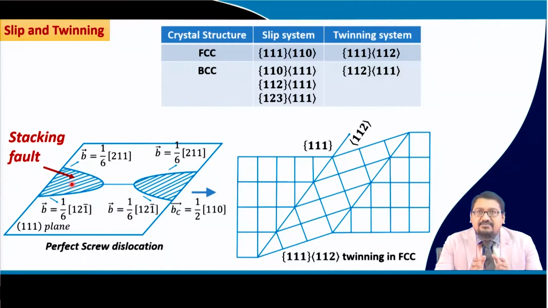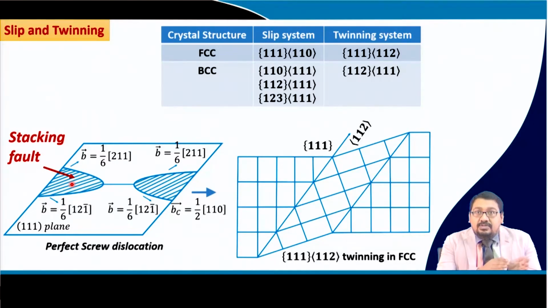So, during the deformation of a high stacking fault energy material, because the partials are closer, it is easier for the partials to come together to form a full 110 dislocation to cross slip into another 111 plane in order to sustain the plastic deformation, right.